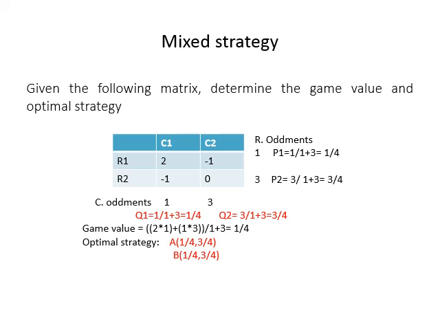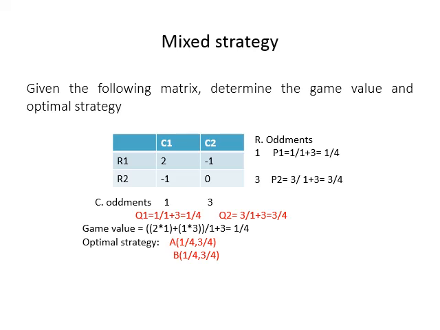So two strategies for each player. Player A faces two strategies, as well as player B faces two strategies. The usual steps. Step 1, find the row oddments, then find P1 and P2.